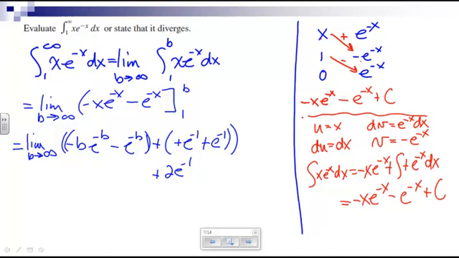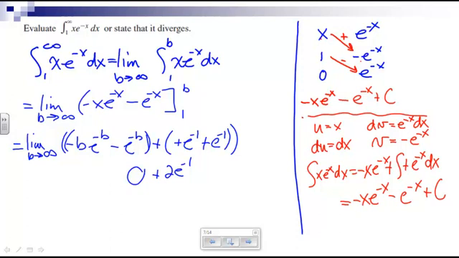Well, as b goes to infinity, negative e to the negative b, that's going to be e to a really big negative power. That's 0. So when I apply this limit to here, that's going to be a 0. But what happens when I apply this limit to there?